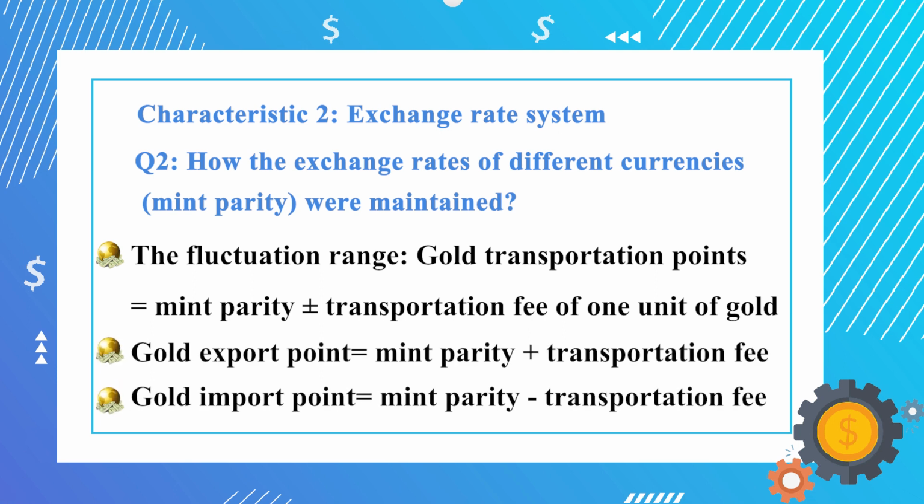The upper limit of the exchange rate equals the gold export point. The floor level of the exchange rate equals the gold import point. In international trade, a native importer could pay with foreign currency or gold. If foreign currency appreciated, the cost of exchanging home currency for foreign currency would increase.